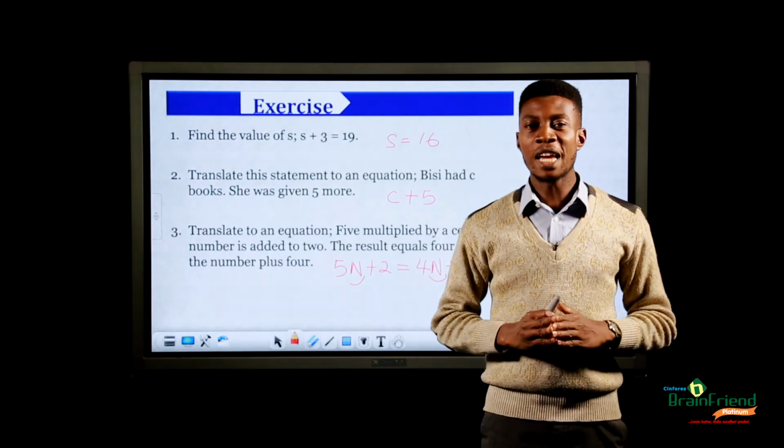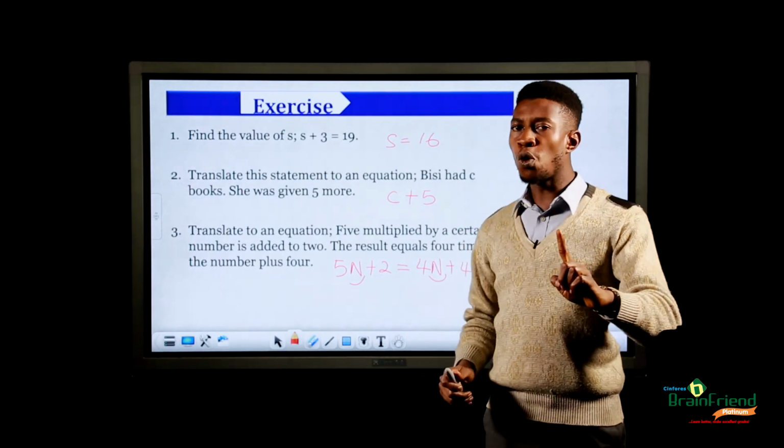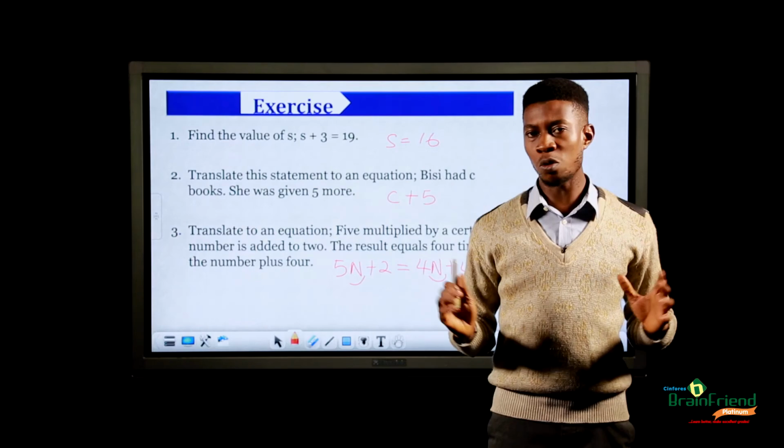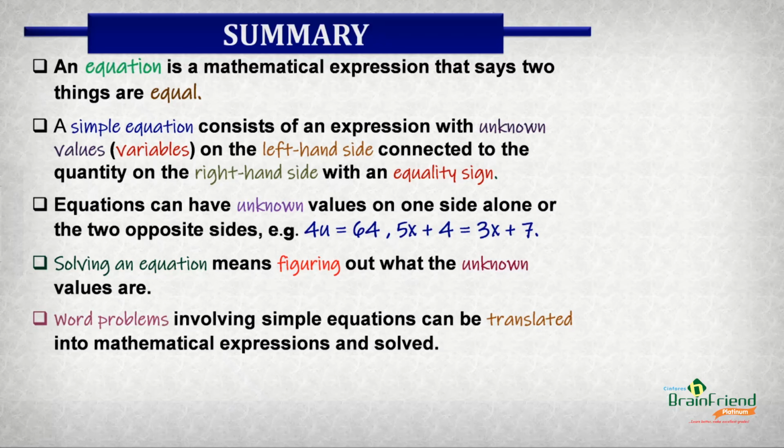This is where we come to the end of this lesson. But before you go, let's look at a summary of all we've learned. First, we learned that an equation is a mathematical expression that says 2 things are equal. Secondly, we learned that a simple equation consists of an expression with unknown values, also known as variables, on the left-hand side, connected to the quantity on the right-hand side with an equality sign.